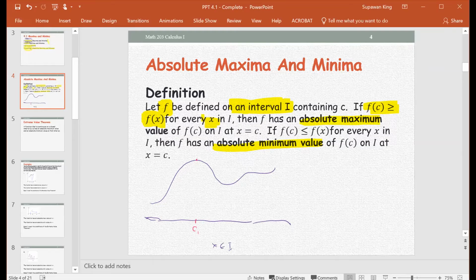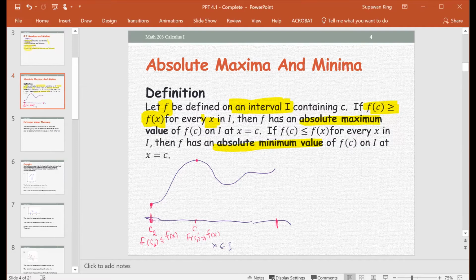The function value at C1 is greater than or equal to all the function values within this interval I. Also, at this other point, which I name C2, f of C2 is less than or equal to all function values for this interval I.